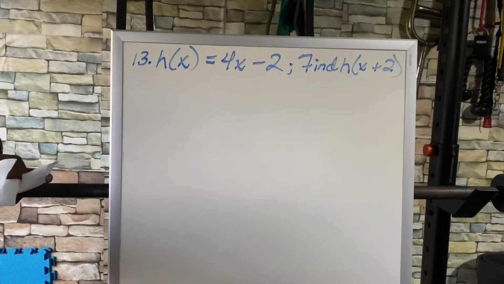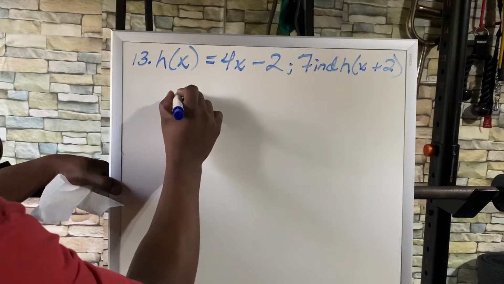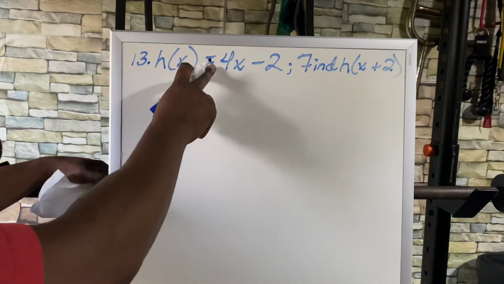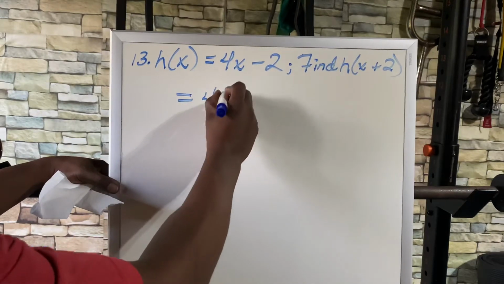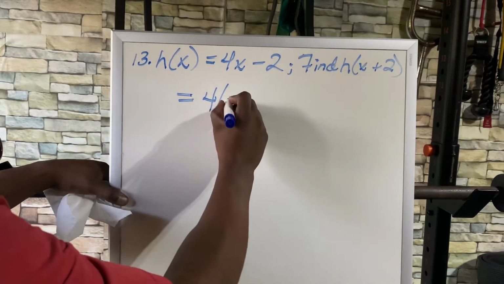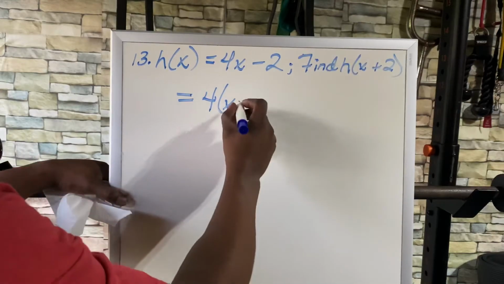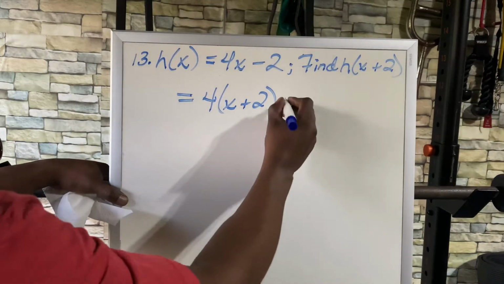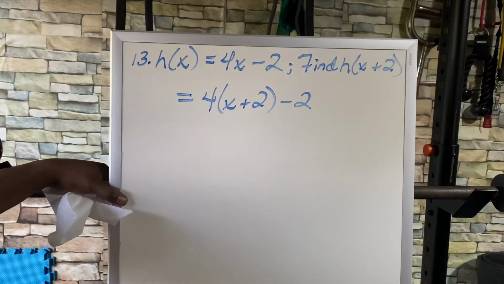Number 13. H of x equals 4x minus 2. Then find h of x plus 2. We know that h of x plus 2 equals 4 times x plus 2, close parentheses, minus 2.